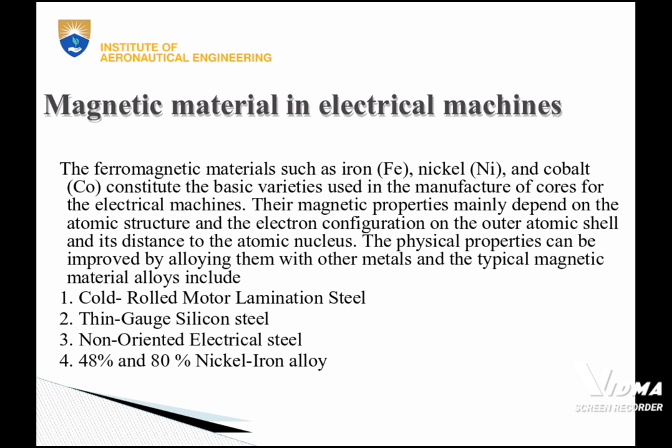Their magnetic properties mainly depend on the atomic structure and the electronic configuration of the outer atomic shells, and their distance to the atomic nucleus. The physical properties can be improved by alloying them with other metals.